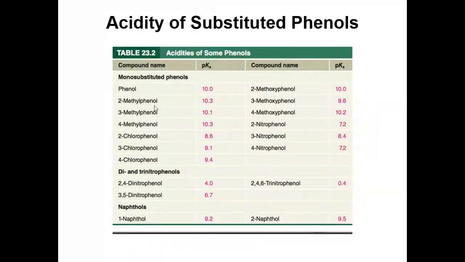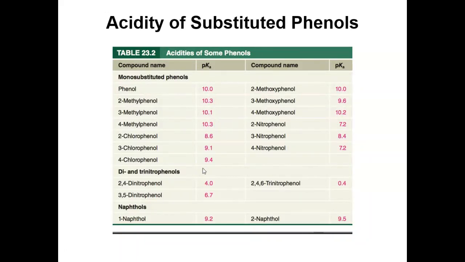What you can see is that if you have an electron donating group like an alkyl group, or an alkoxy group, you slightly enhance the acidity, especially the alkyl group, but not much. But if you have an electron withdrawing group like a halogen, it increases acidity, because pKa becomes smaller, so the acid becomes stronger.